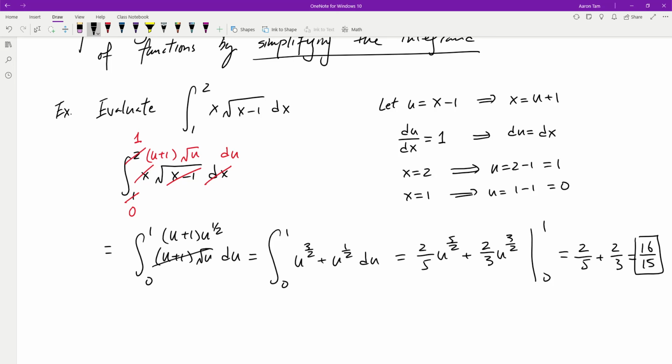This is usually referred to as a double substitution problem, because you don't only have to substitute x minus 1 to be u, but you also have to substitute x to turn into u plus 1. That's a relatively typical AP exam question. They do like to ask a question similar to this. So hopefully that brings back some memory.